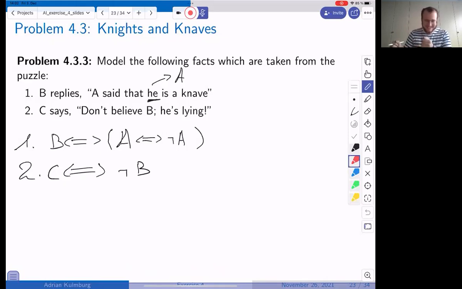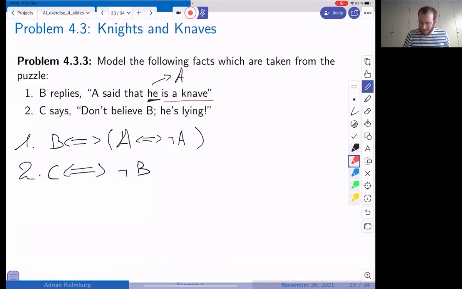I think I might have mixed up something here, but the idea is just he is specifically saying that he is a knave, meaning that he is not a knight, meaning that he is not true.